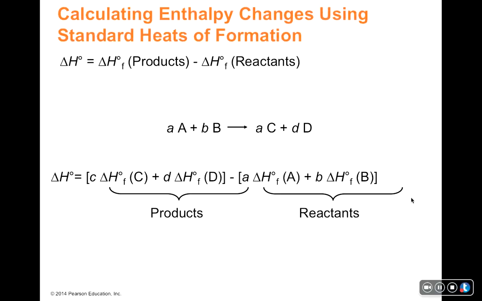And then subtract from that what's in the second bracket, which is the number of moles of reactant A times the heat of formation of reactant A, plus the number of moles of reactant B times the heat of formation for reactant B.